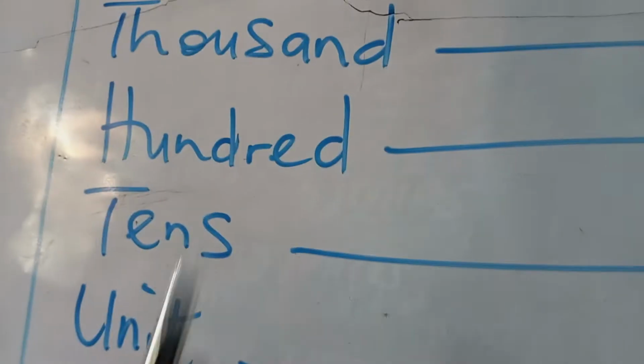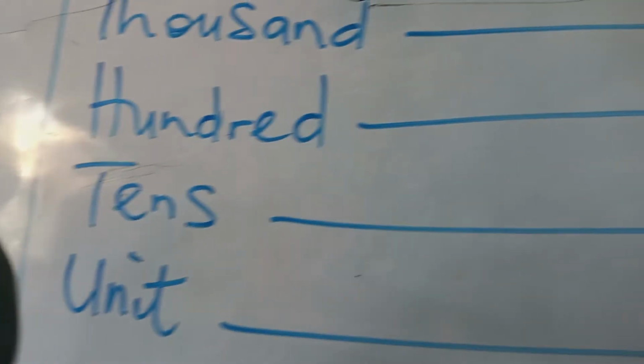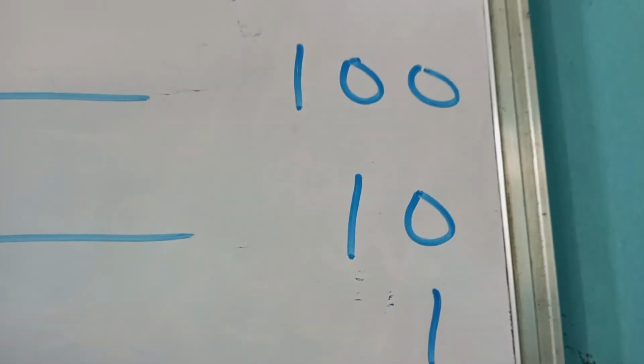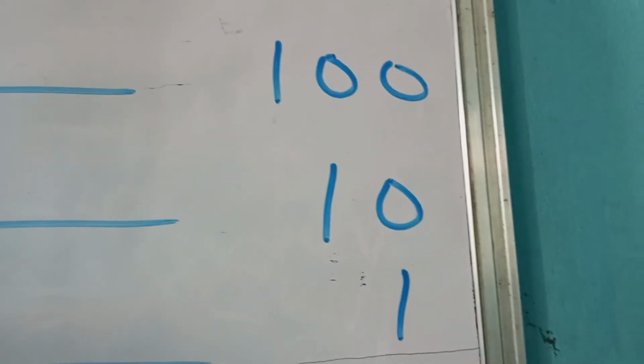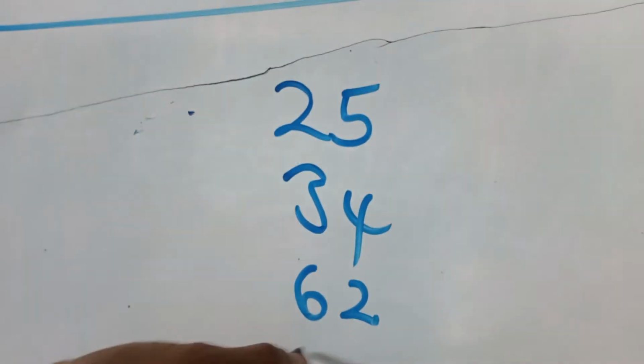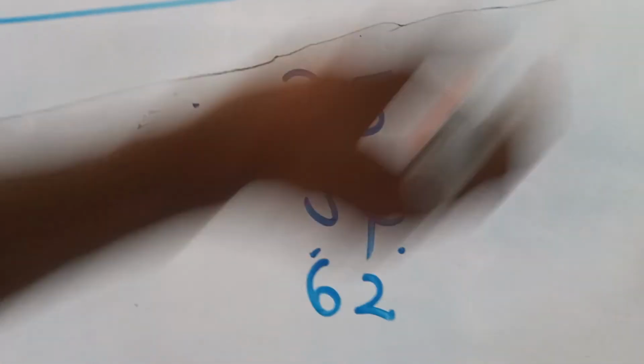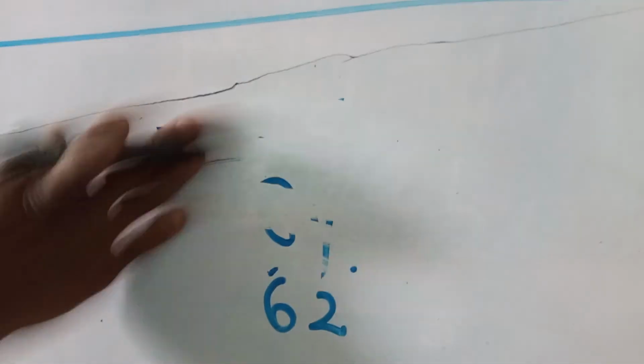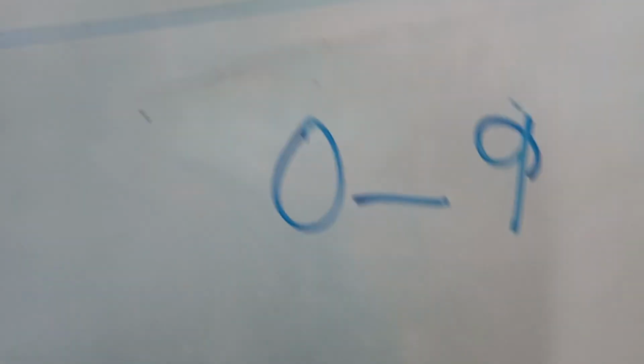Okay, the next one in the list is tens. Tens has 2 digits only. So if you want to write numbers like 25, 34, 62, you can see it must be 2 digits. So these are numbers that fall under tens. And the last one we have here is units. Just one number, from 0 down to 9 falls under units.